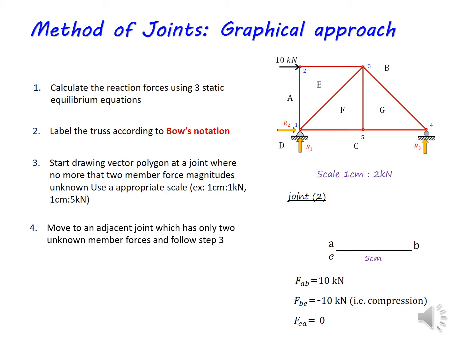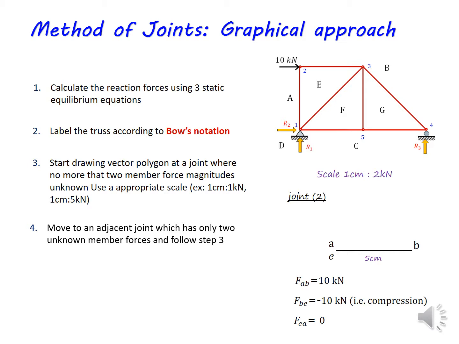Now again, when selecting the adjacent joint, we should keep in mind that we have to select a joint where the maximum number of unknown forces should be 2.